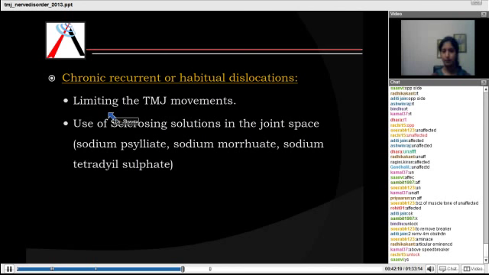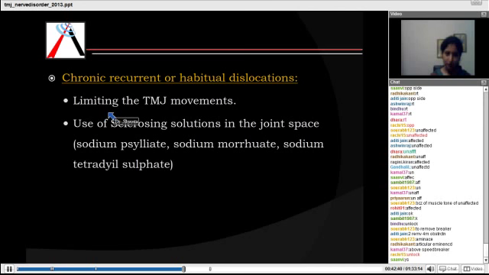Now, in a chronic dislocation, chronic recurrent or habitual dislocations, there are some people who commonly dislocate their mandible and they can usually place it back because of it occurring commonly. They have learned the tactic of putting the mandible back into place themselves. They do not need a dentist.